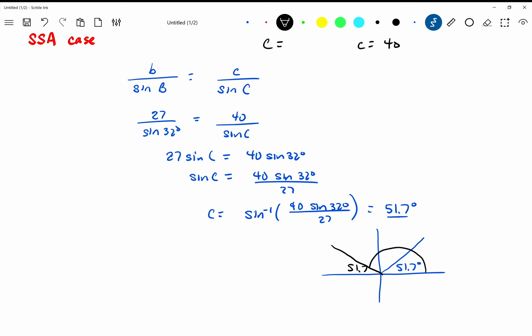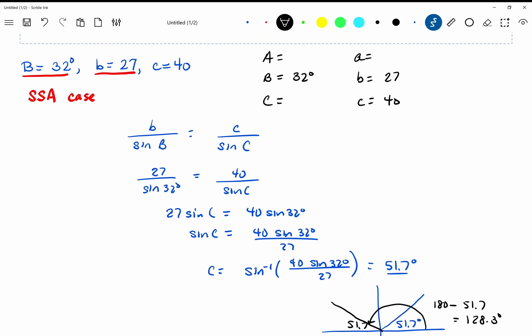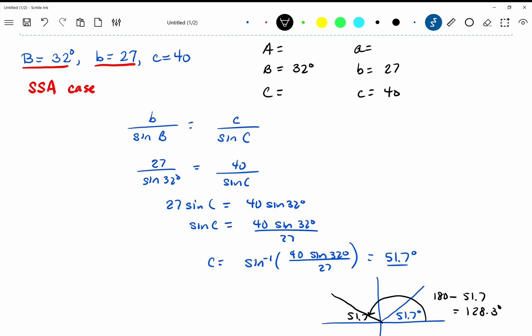That angle is 180 minus 51.7, which is 128.3. If I look at the given angle 32, the second angle could very well be 128.3 because the sum is less than 180. So this case is going to give us two triangles.